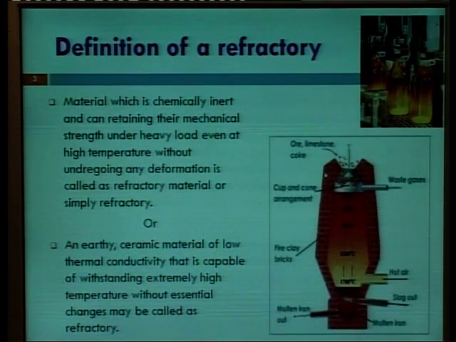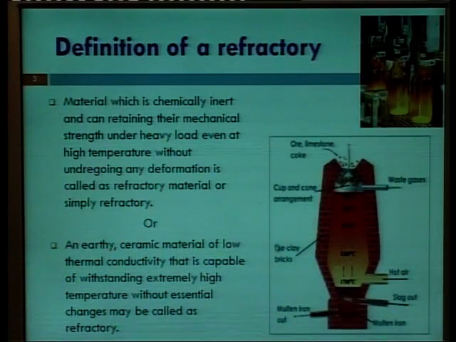How do you decide the refractory lining here? That totally depends upon the molten iron and the slag which is coming out of the furnace. Based on the properties of the slag, we have to design the internal lining of the furnace. The outer surface is built with steel, but inside we have to line it with the proper refractory material.